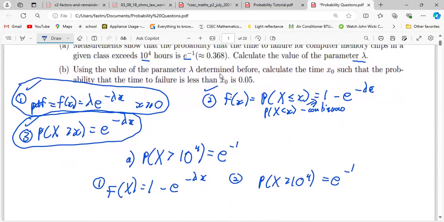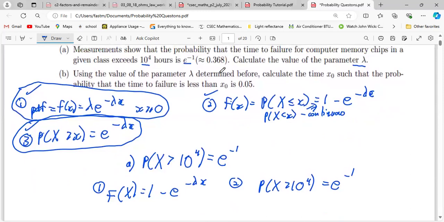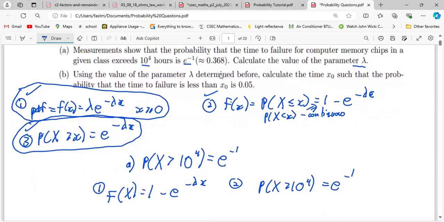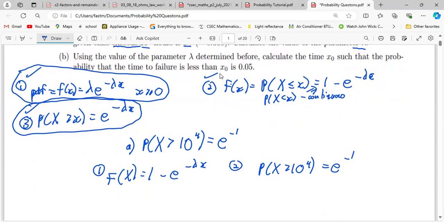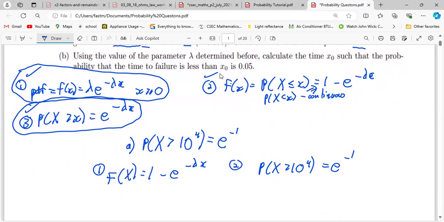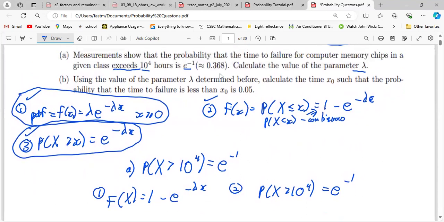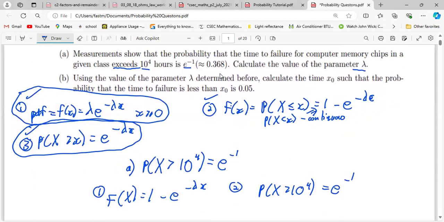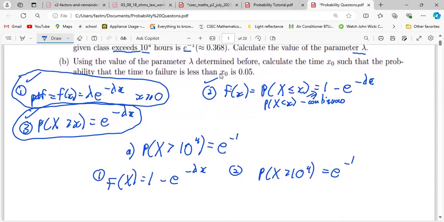With respect to the question, we have the probability that it exceeds, so exceeds means it's more than 10 to the power 4. That basically means the probability x is more than 10 to the power 4 is e to the minus 1. We want to calculate the parameter lambda. So the first thing we could try to bring in lambda is using one of the equations.